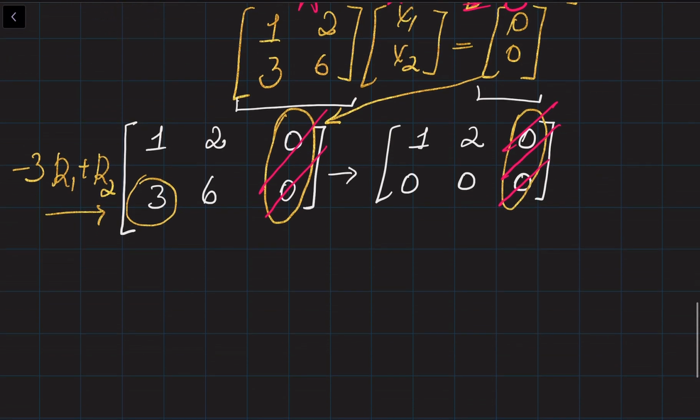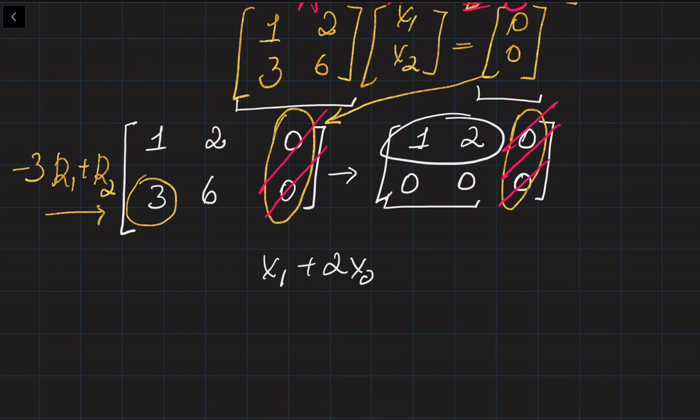Now the second observation is that the null space is going to be all the solutions of the system as well. If you write down the first row of the system, you get x1 plus 2x2 equal to 0. And if you remember, this is an equation of a line. The equation of a line was ax plus by equal to c, which is very similar to this one.